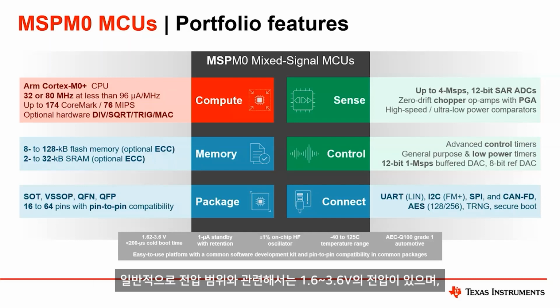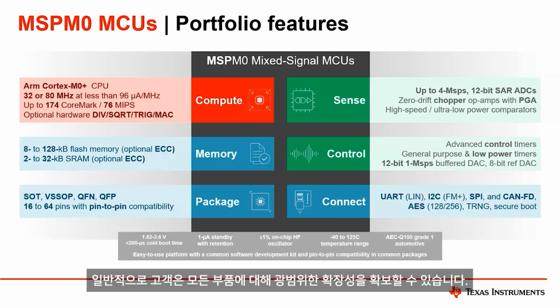In general, with our voltage range from 1.62 to 3.6 volts, up to 1 microamp standby, and an on-chip high frequency oscillator, a customer really has that breadth of scalability across all of our different parts.